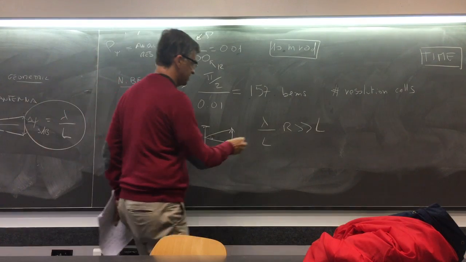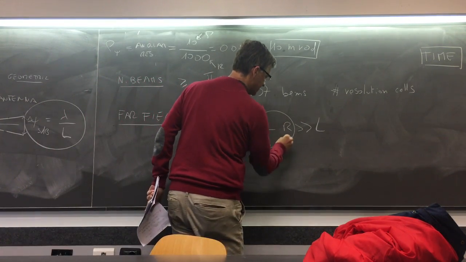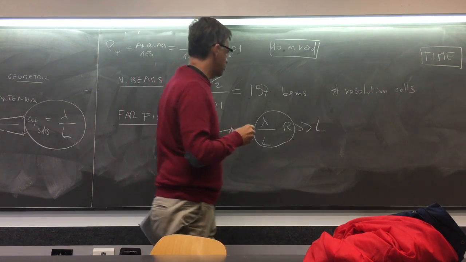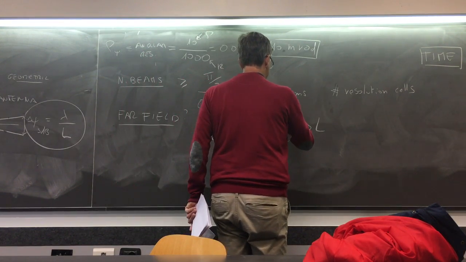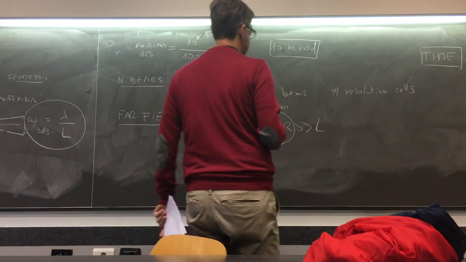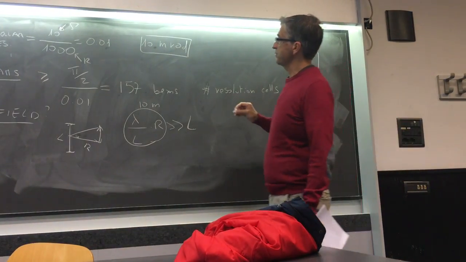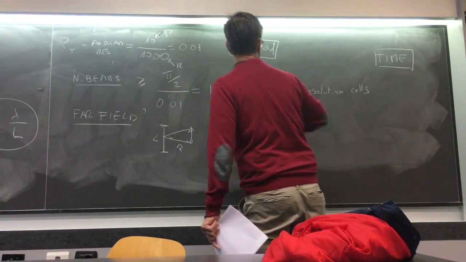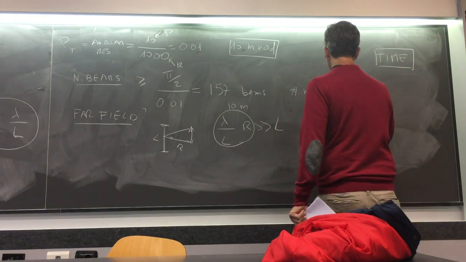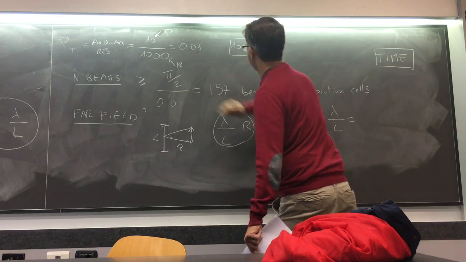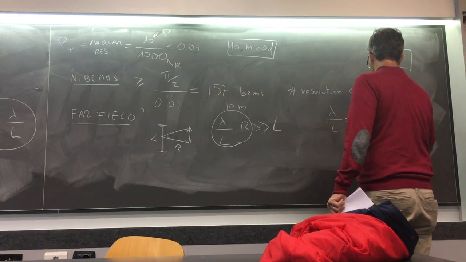In this case, we design the system to have the resolution of 10 meters, and we may ask what is the length of the antenna. We get it immediately because lambda divided by L is the resolution, 0.01 in this case.